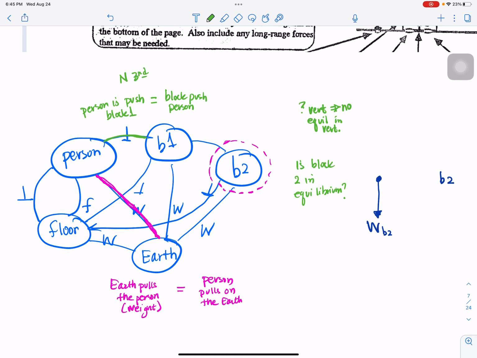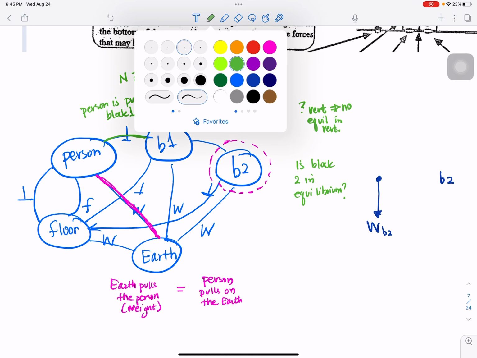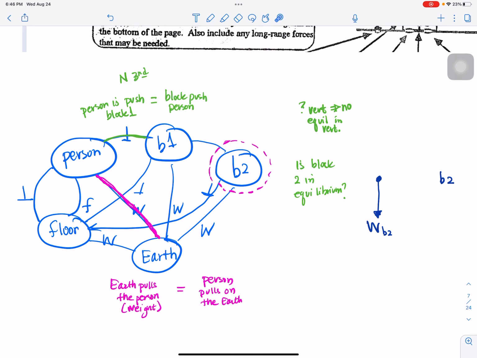And so that means that the perpendicular force from the floor, this force right here, has to be equal to the weight. So we've got perpendicular, and we can again just say this is the perpendicular on block 2. I've got a pair of forces that are equal, and they are looking like that.